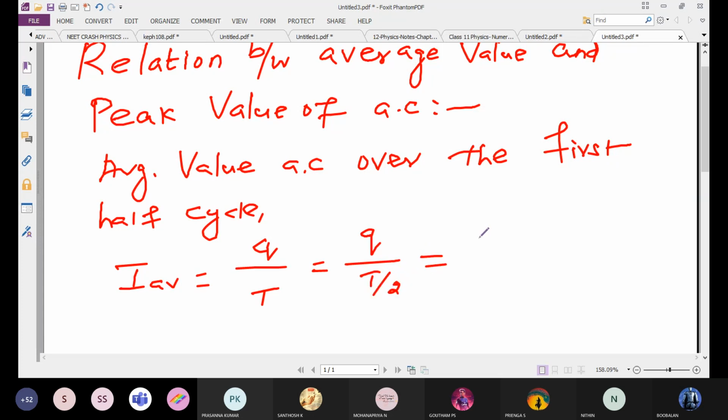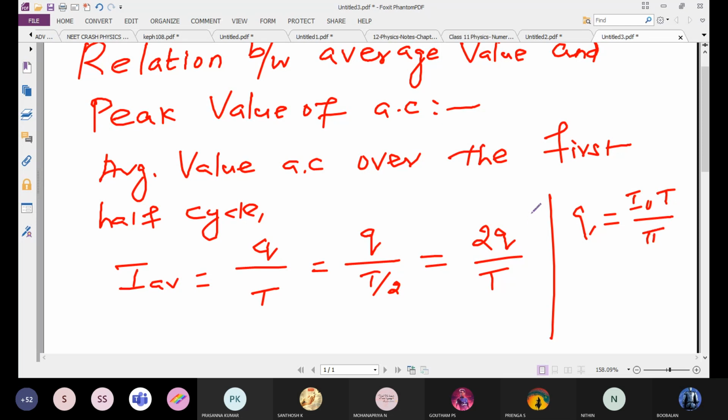Then you will get 2Q divided by T. Now listen, for one complete cycle the Q value is 0. But in this condition, the first half of the cycle, the Q value is equal to I naught T divided by pi.